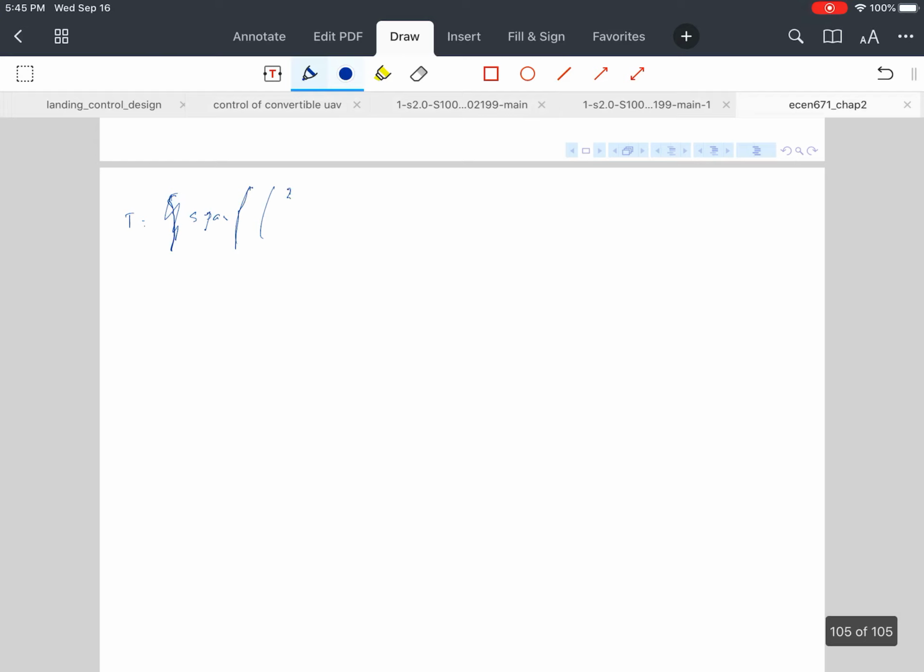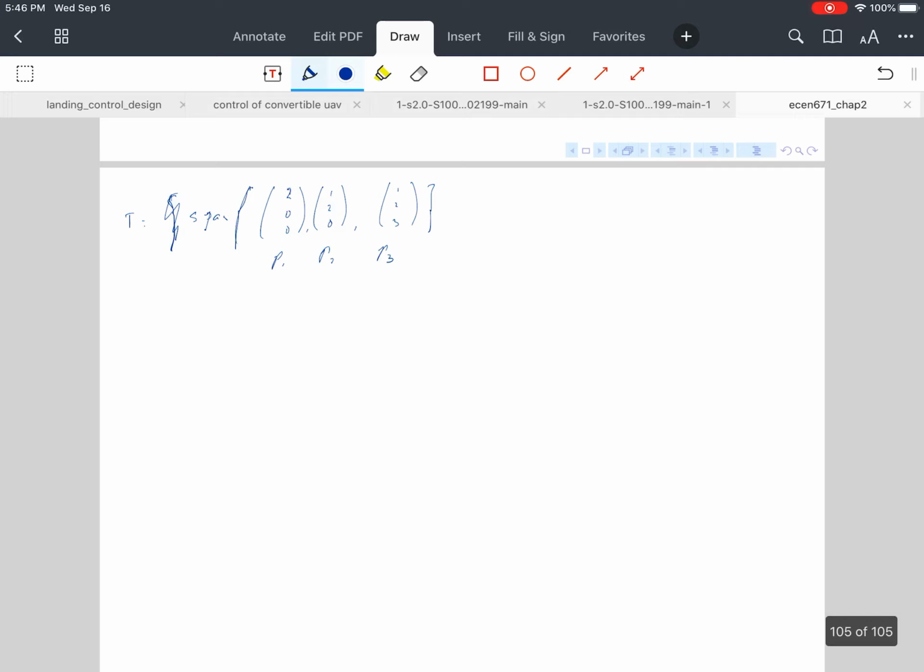Let's say 2, 0, 0, and then maybe we'll do 1, 2, 0. This is going to be relatively easy, and then we'll do 1, 2, 3, like that. Okay, these guys are linearly independent, but they're not orthonormal. So in other words, this is P1, this is P2, and P3.